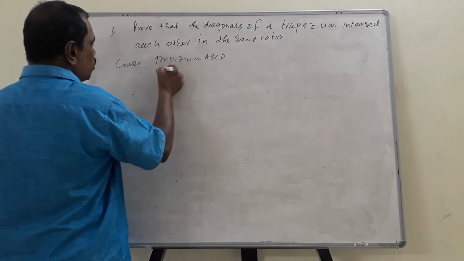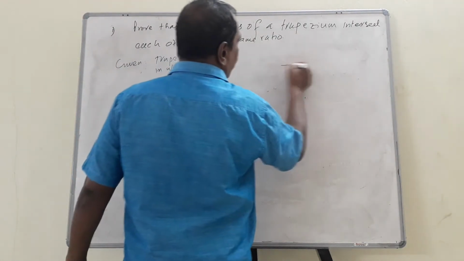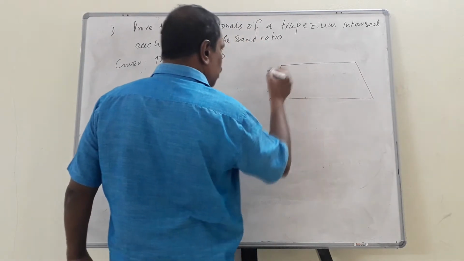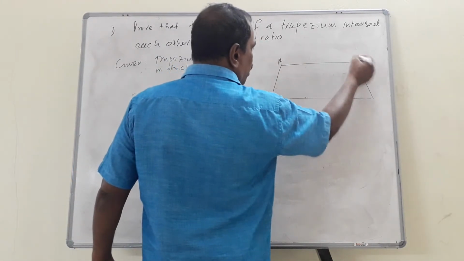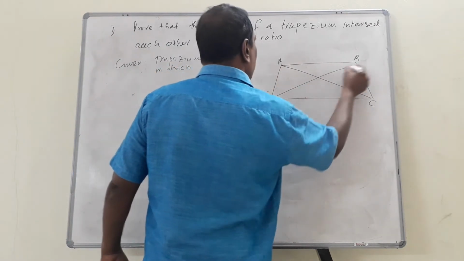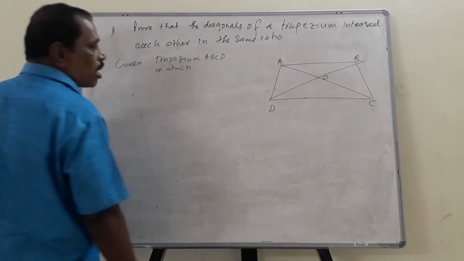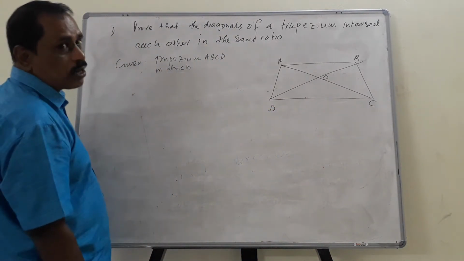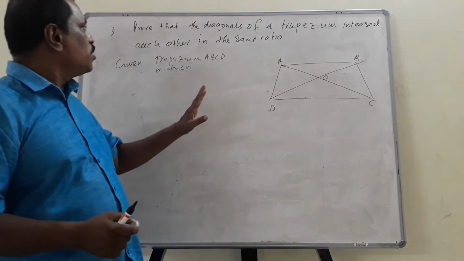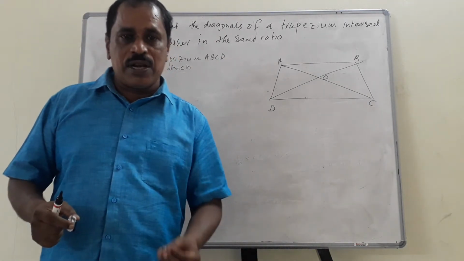Let us draw a trapezium A, B, C, D, with diagonals AC and BD. So this is the first important question from this chapter, a textbook question which comes frequently for the exam.